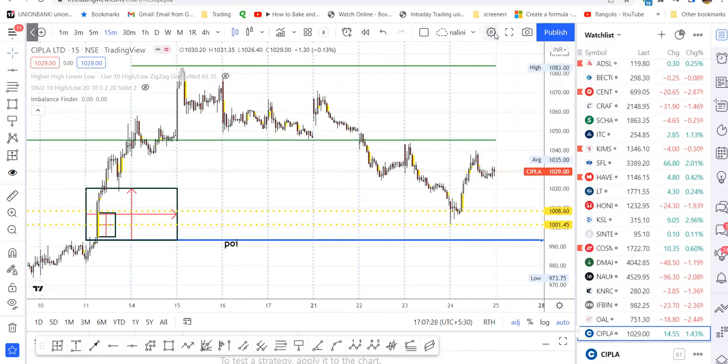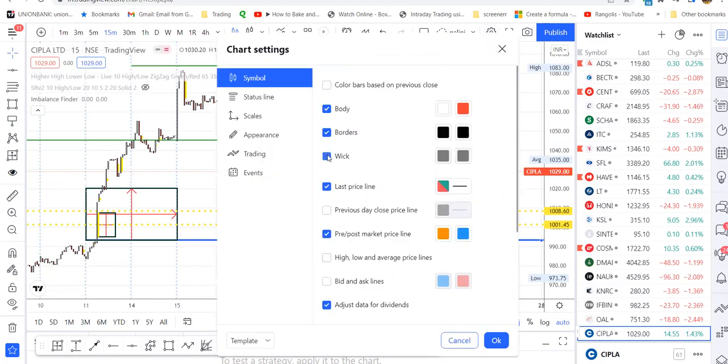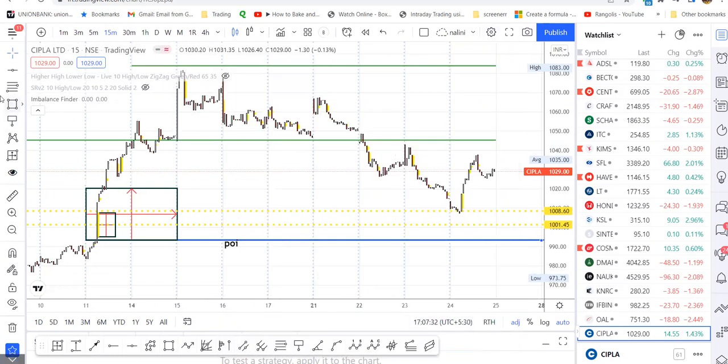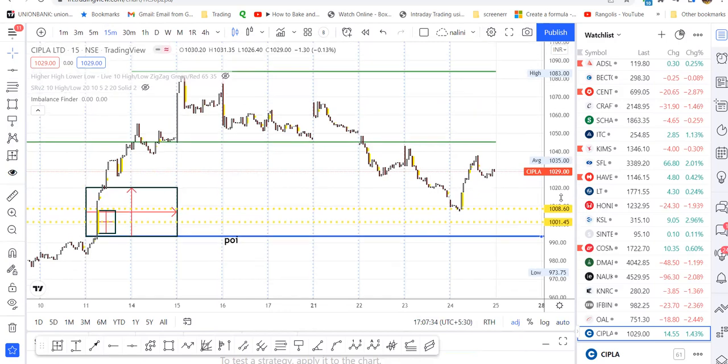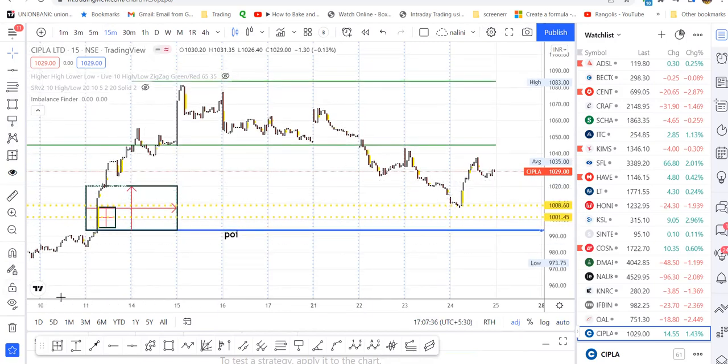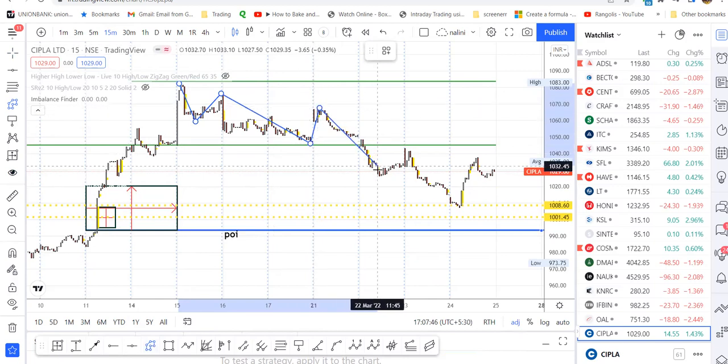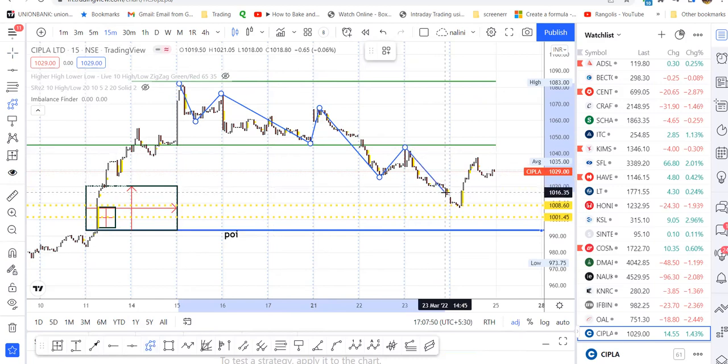So I go to settings and disable the wicks. I started marking the low, high, low, high, low, and then it had stopped over there.